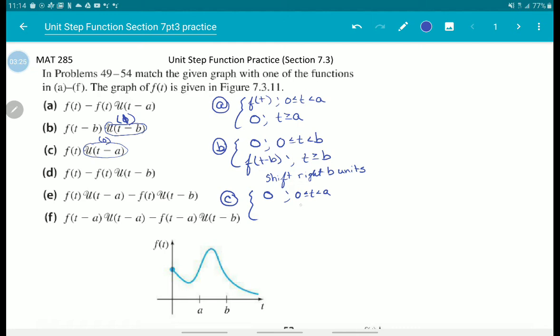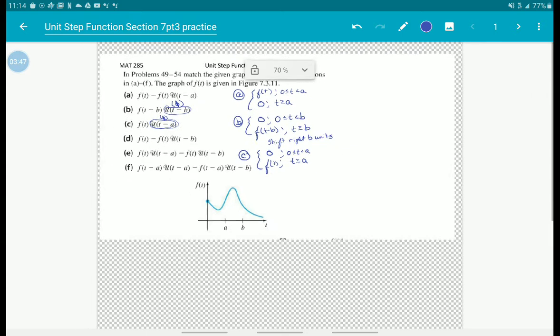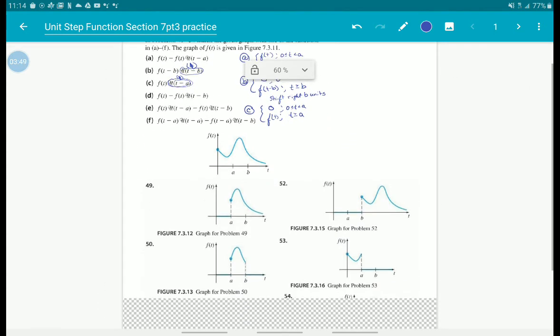And then once we hit A, it's going to turn this guy on. So that whole circled piece is going to take on the value of 1. And 1 times f of t is just going to be f of t. So we're only looking at a piece of that graph there. So let's take a minute. Let's look at those three and see if we can match which function it would look like.